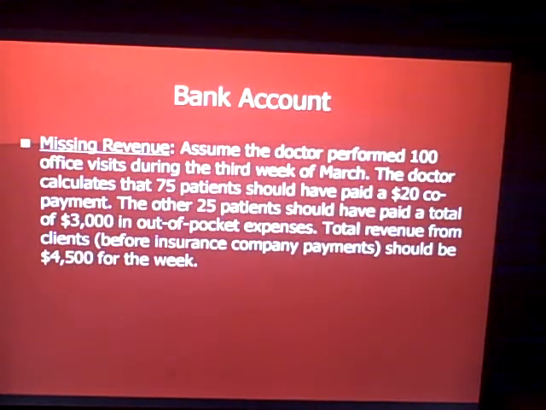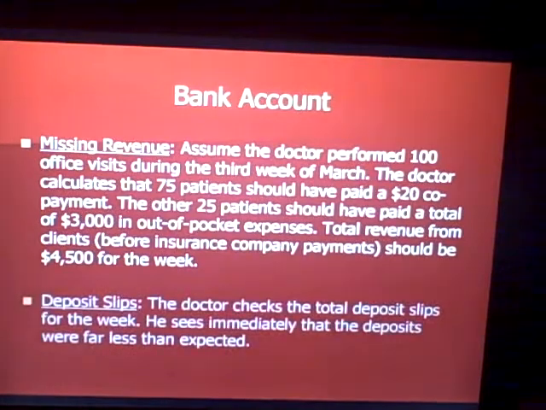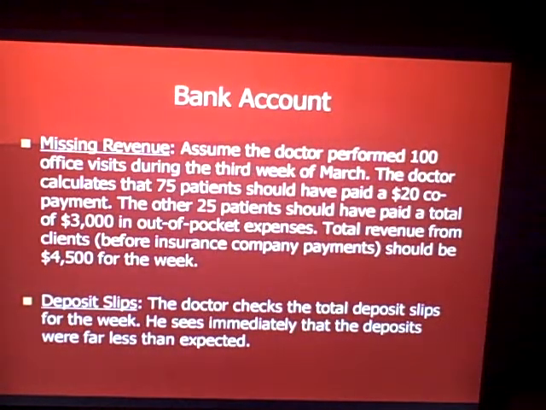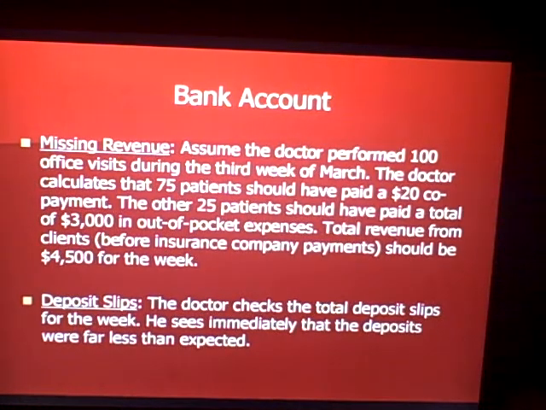So that total revenue from clients before any payments from the insurance company that would come separately should be $4,500 for the week. We'd expect $4,500 coming in the door in the form of deposits, and our document would be deposit receipts. But when the doctor checks the total deposit slips for the week, he sees the deposits were far less than what he expected in his expected revenue.